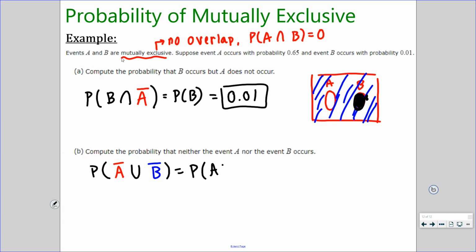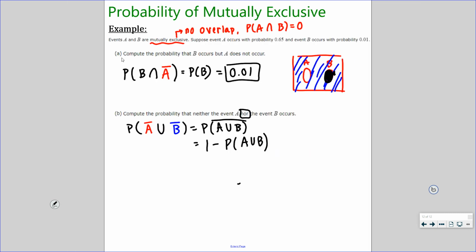So we just have to calculate A or B not happening. That word nor means or. So I just did 1 minus the probability of that happening to calculate the probability of it not happening. And since these are mutually exclusive, this piece is easy to calculate. You just find the probability of A plus the probability of B. So to find the complement, we're going to do 1 minus that.